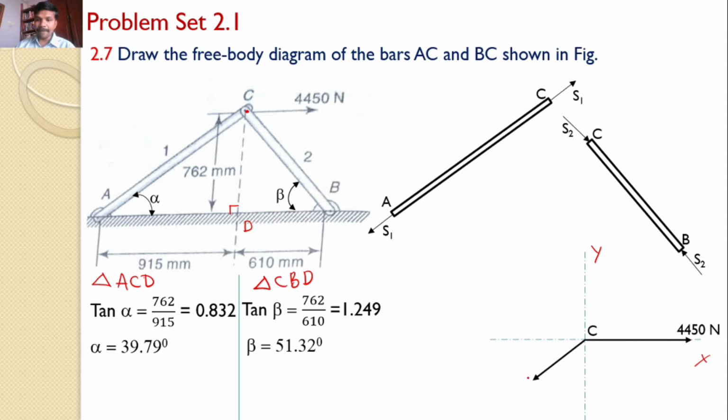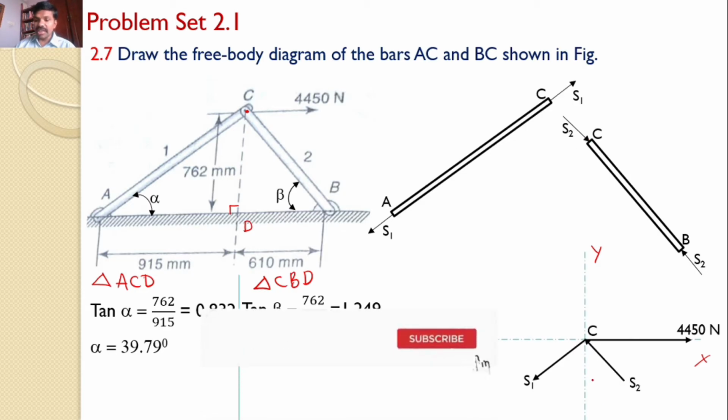Similarly, if you look at the bar CB, the force is towards C and the magnitude is S2. It is exactly the opposite direction.